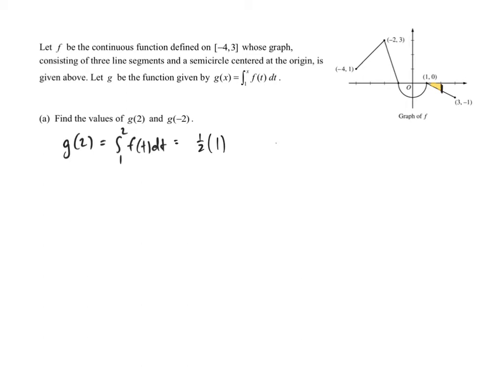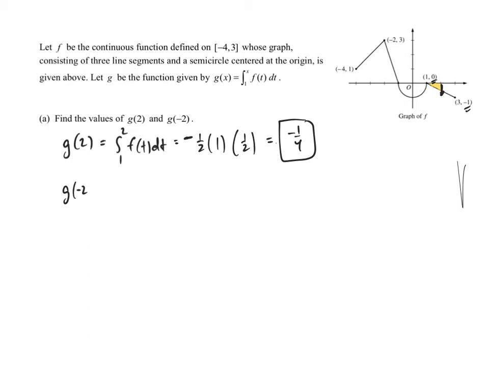Now, the height is not quite as obvious as the base, but what I do notice is that this y value is -1, this y value right here is 0, and this point, which will help me find my height, is the midpoint of 0 and -1. So that would be 1/2. And notice that my answer needs to be negative since we're integrating in the correct direction, and it's a region that's below the x-axis. And so this would equal -1/4.